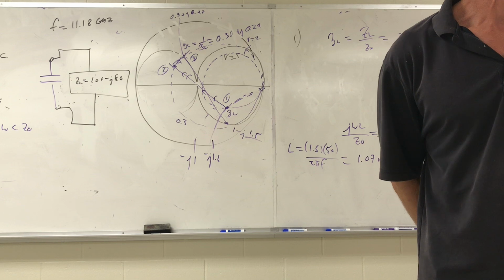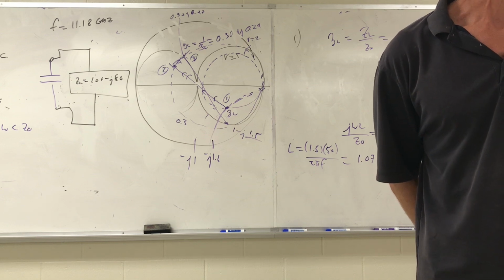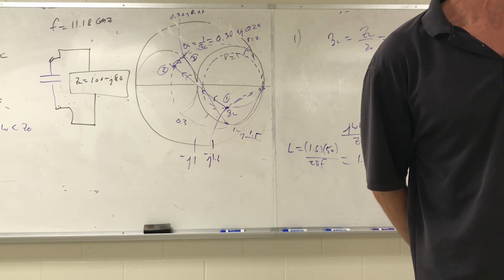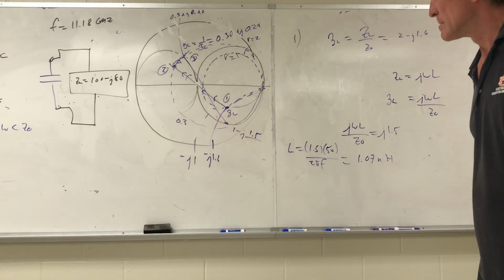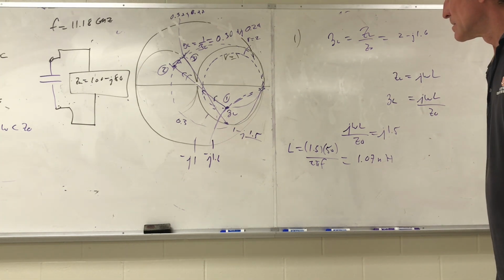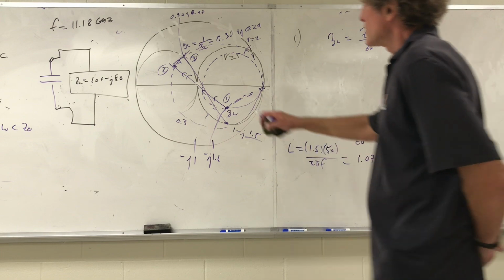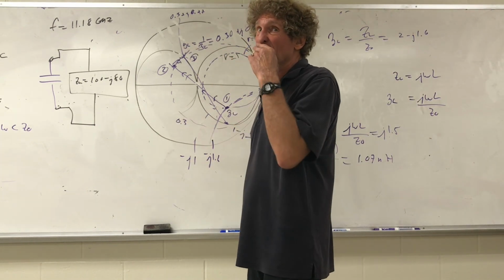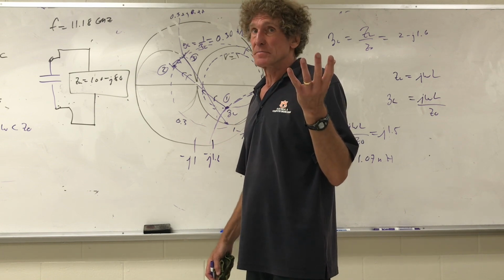You guys got a question? Ask it. He was just confused on how you got, dividing 1 by 0.3 plus J 0.47, to get to 1 minus J 1.5. Oh, it's just 1 over Y. Yeah, that's all it is.